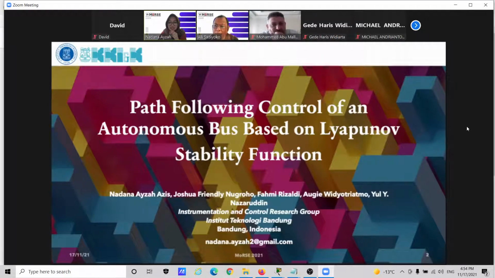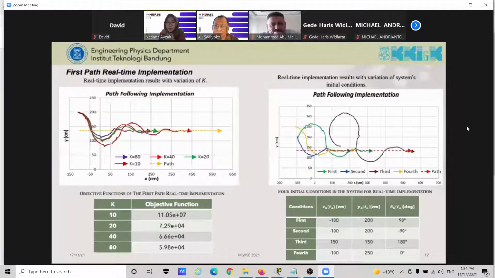I have to say that this is something missing from our research: we did not use any error indicator like RMSE or IAE to present the error of the system. That's all that I can explain to you.